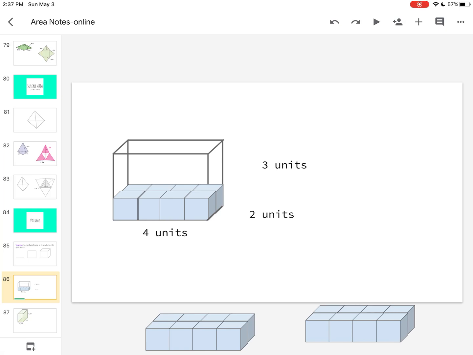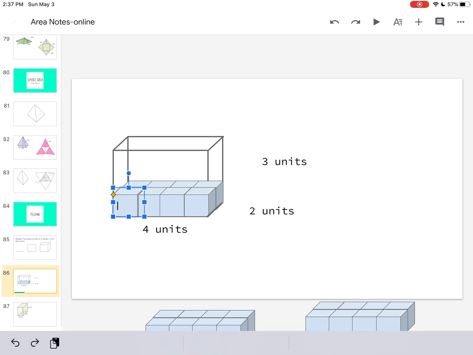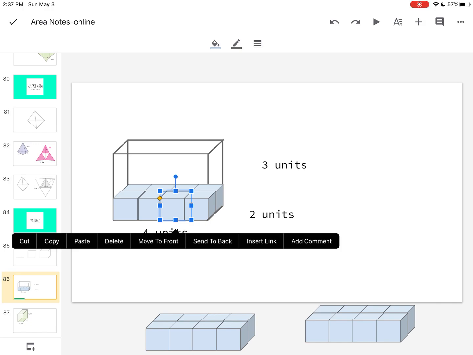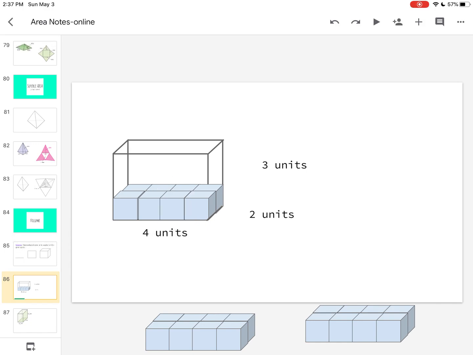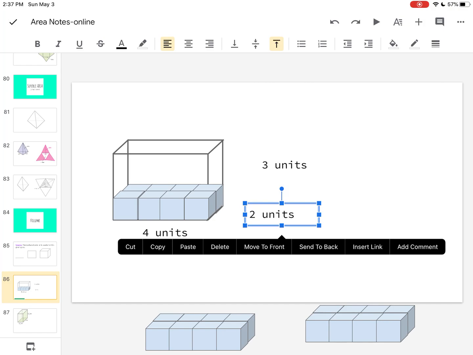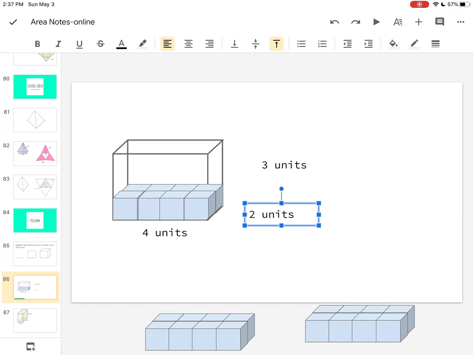And right there, I filled my entire bottom, or the base of the rectangular prism. And how many cubes fit? 1, 2, 3, 4, 5, 6, 7, 8. 8 cubes fit. And if you notice, I just found the area of the base. 4 units times 2 units would be 8 square units. So I found the area of the base.